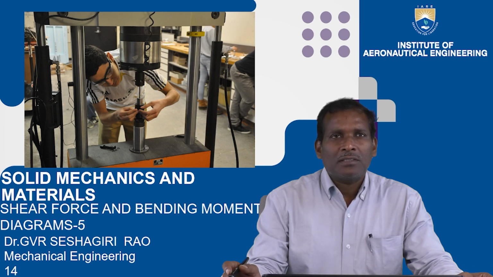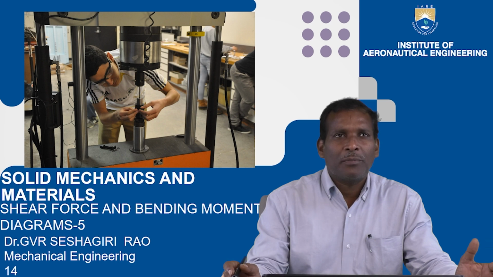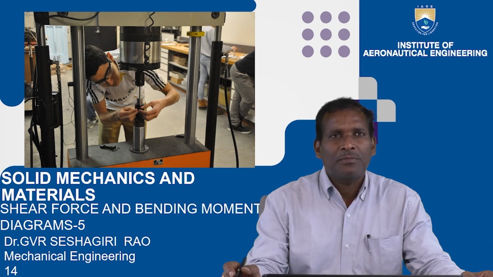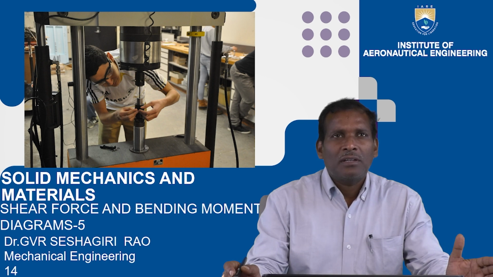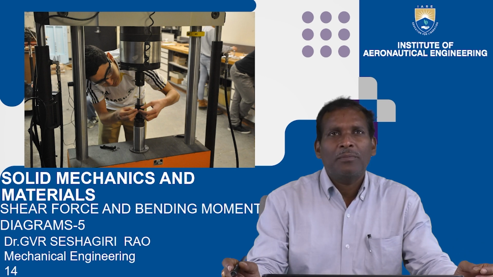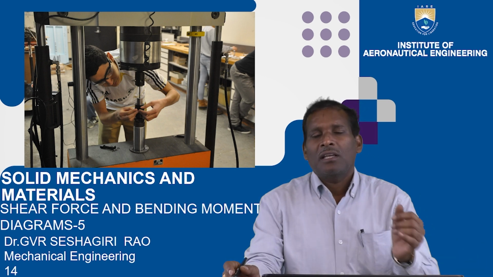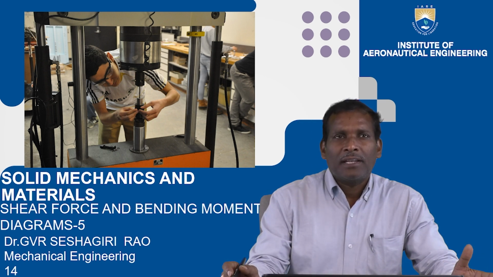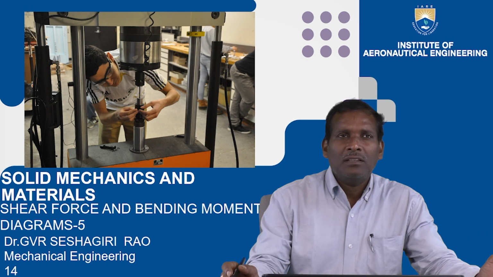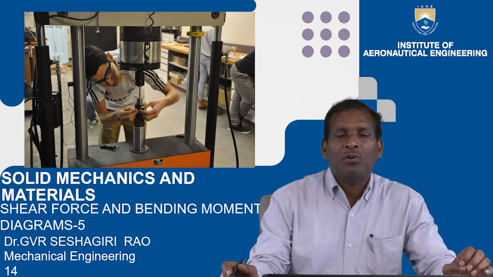In the previous sessions, we have discussed various shear force and bending moment diagrams for various beams. We discussed the cantilever beam with point load and with UDL. Similarly, other beams, the simply supported beam with point load and UDL, and UVL, uniformly varying load.